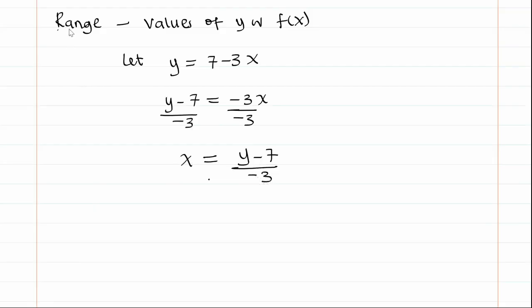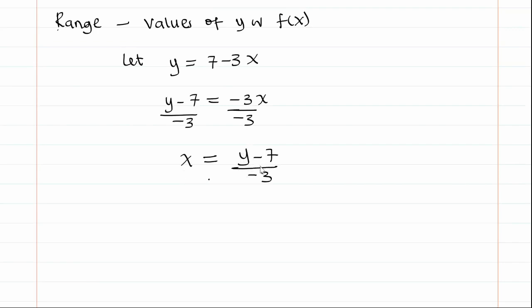So the range now is the values of y that are predetermined by the input values of x. In other words, the range is the values of y that are well defined by the input values of x.